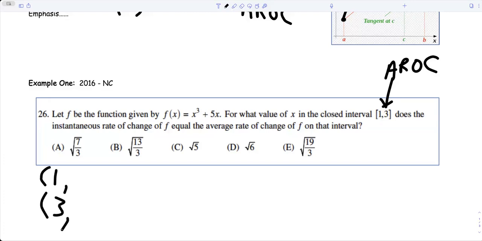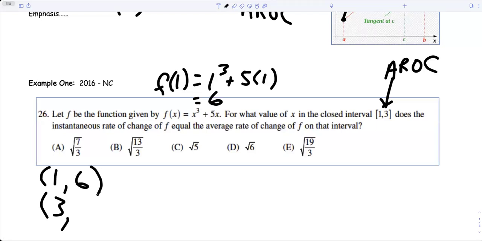My other x value is 3. How do I get the y value? I'm going to plug these values into the function that they gave me, f of x. So I've got f of 1. It's going to be 1 cubed plus 5 times 1, which is 6.